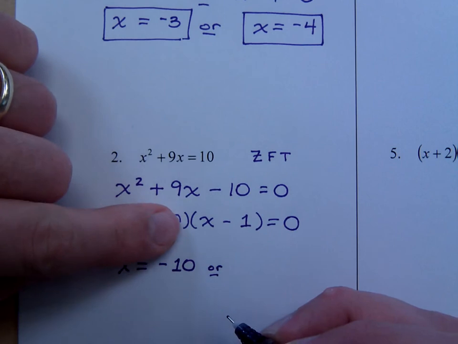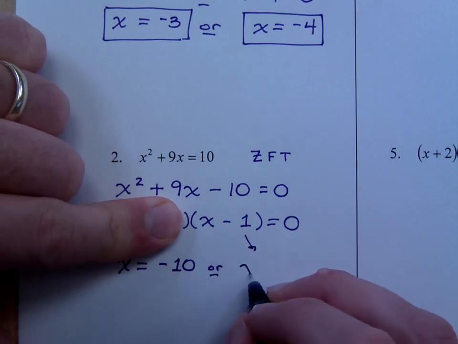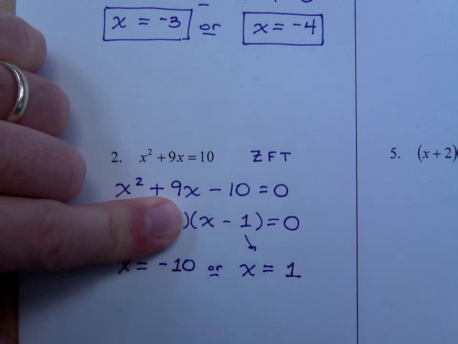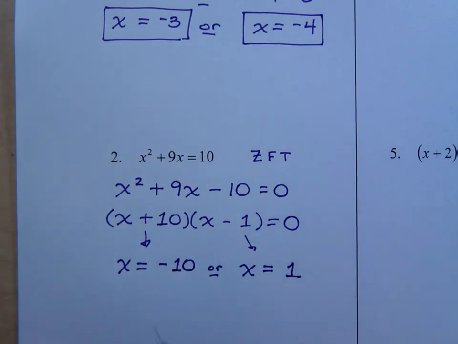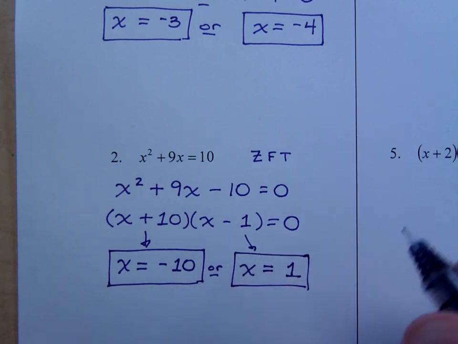Or look at this other guy. X minus 1 is equal to 0. Well, that happens when x is equal to positive 1. Just add 1 to both sides. You got the answer. So we expected to have two solutions because we had a degree of 2.